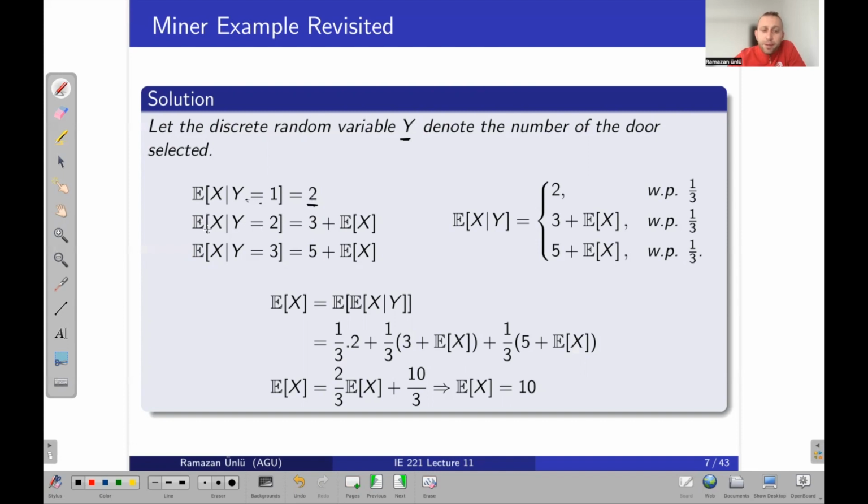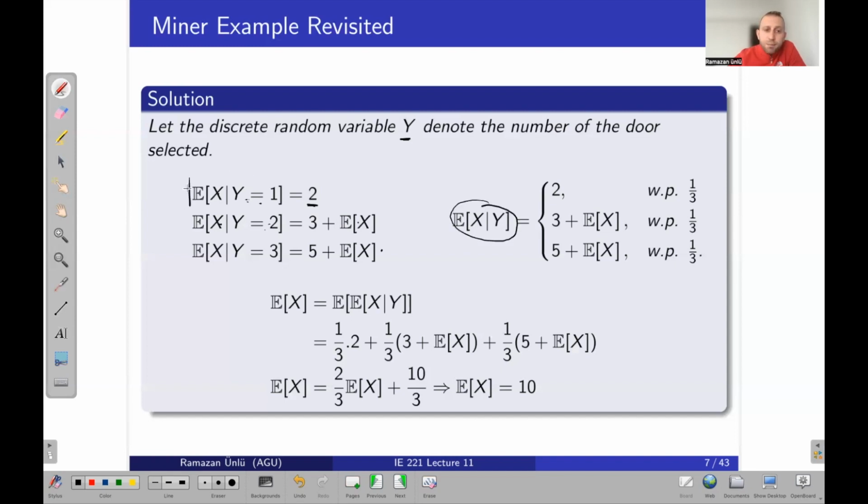And the expected value of x given y is equal to 2 is equal to 3 plus expected value of x. So the condition is choosing the second door at the first time. And the similar thing for the last one. By using this one, I can create the PMF of this random variable.